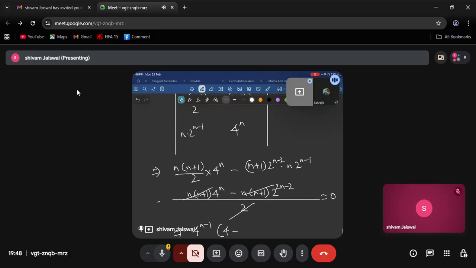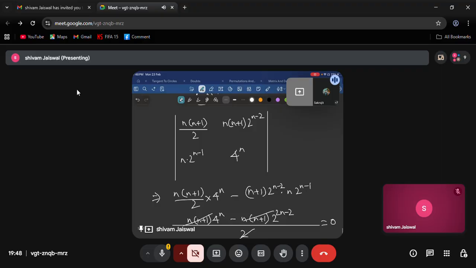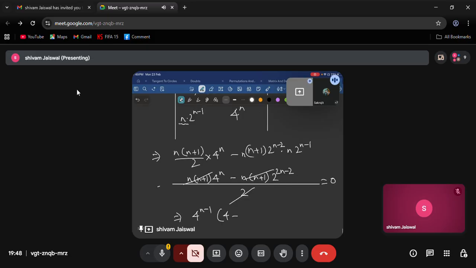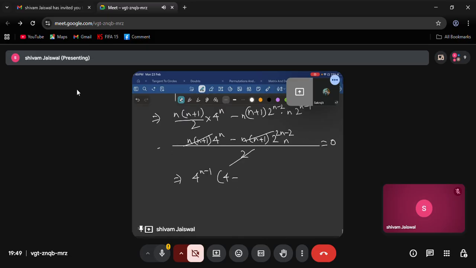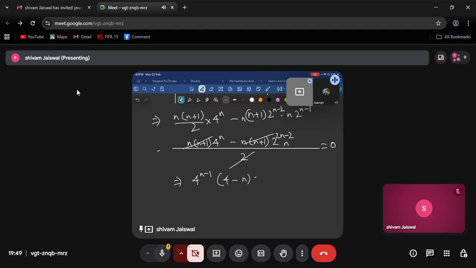There should be one more factor. Oh yes, I'm missing one factor. It should be n over here. Okay, so 4 minus n, this will be equal to 0. So n is equal to 4.